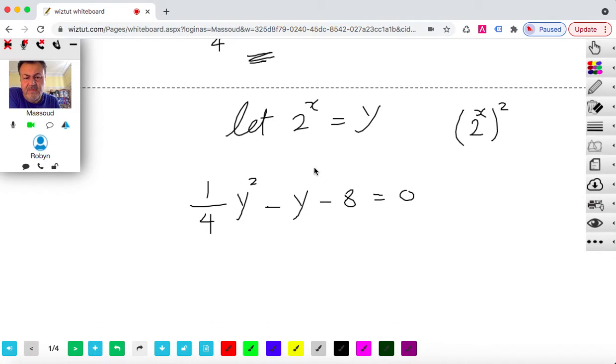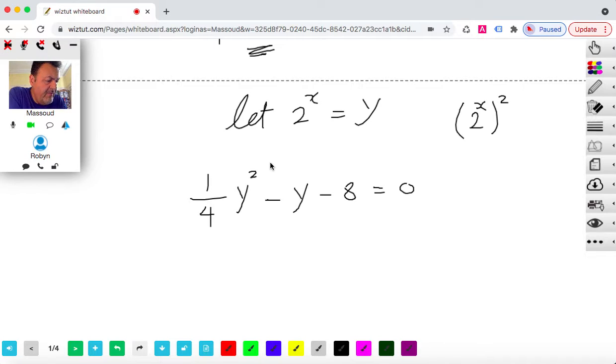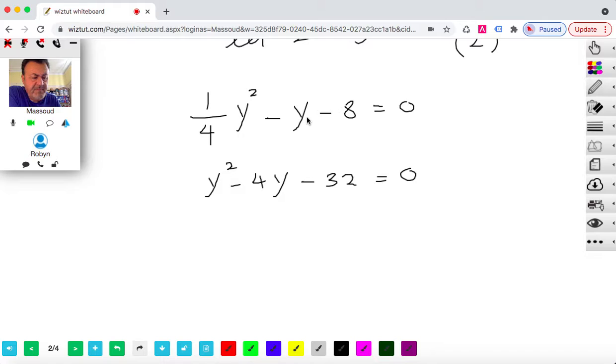Straightening this equation, multiplying it throughout by 4, you get y squared minus 4y minus 32 is equal to 0. And that can be factorized.